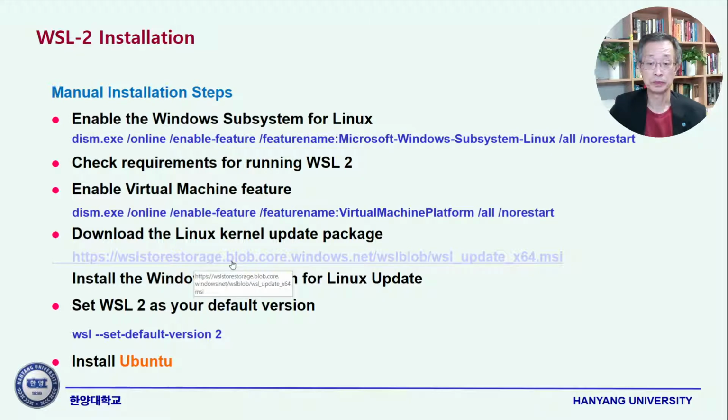Once you download the update package, install the Windows Subsystem for Linux update. Then you will set WSL 2 as your default version, which will be done by this wsl command, set default version 2. And when everything is done as planned, the 6th step is installing Ubuntu.